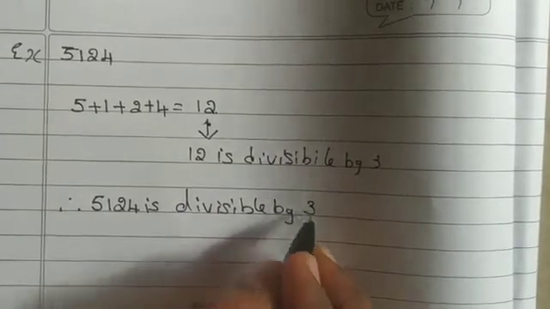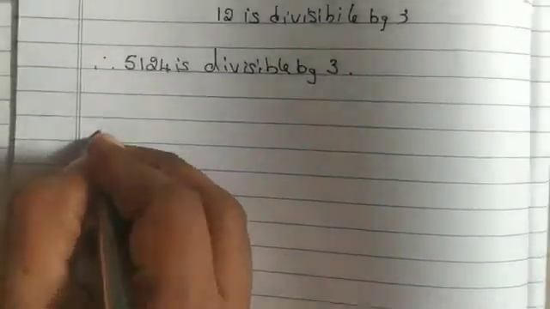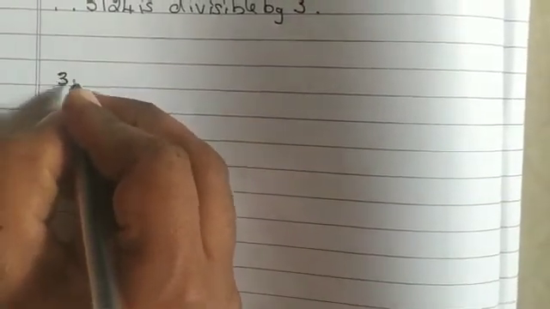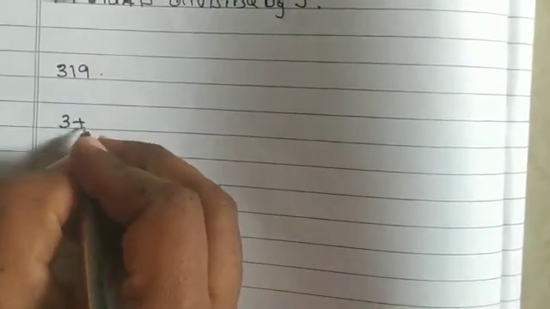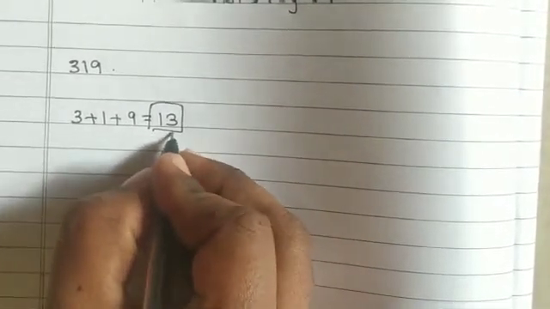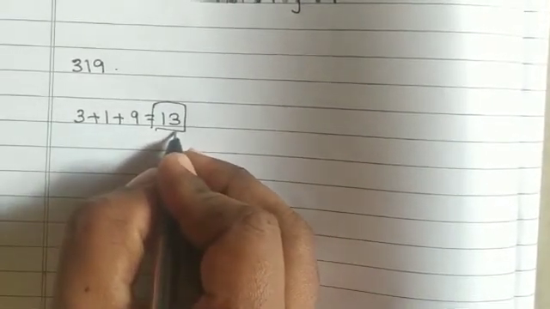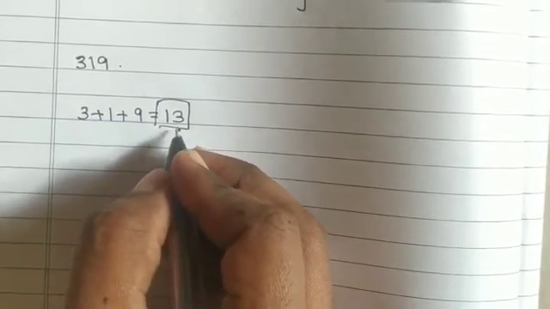Now another example we will take, for example 319. When we add, 3 plus 1 plus 9 equals 13. You can see that 13 is not divisible by 3; it will not come in the 3 tables.